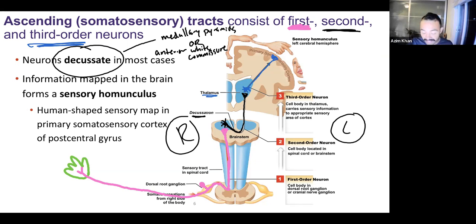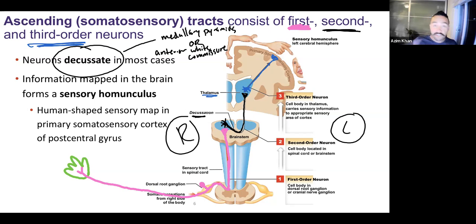And you'll notice that the hand proportionately is way bigger than other regions that are in real life much bigger. Like our chest, you'd think, is going to be really big in the brain, but it's not, while the hand is very big. What this tells us is that the hand is more sensitive. There are more neurons leading to the brain from the hand than there are from the chest.